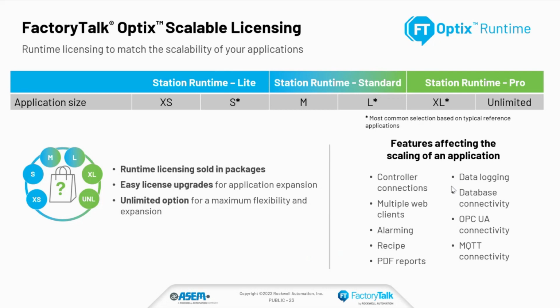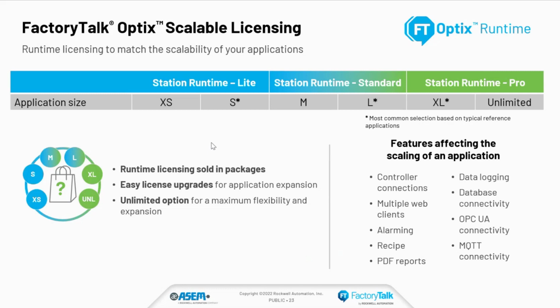So if your customer has an idea of what they want their HMI to do and they list out the features, then from those lists of features, we can calculate the total token cost. And once we have that total token cost, we can now pick a license package that will fit that token cost.